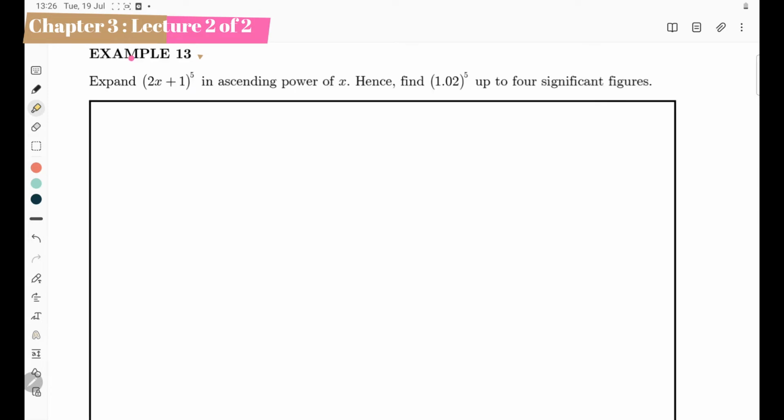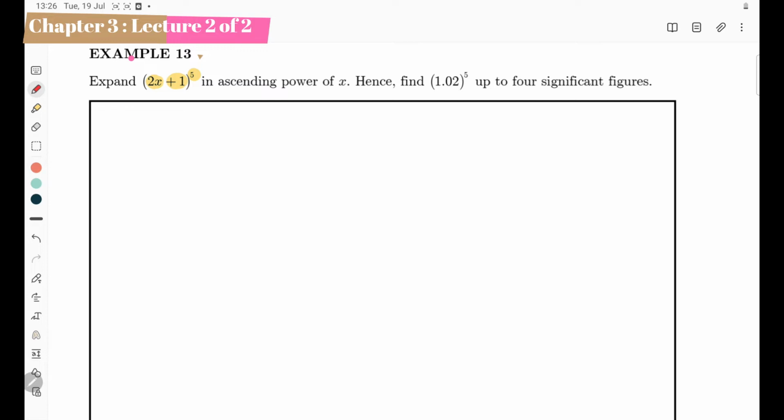We look at example 13: expand (2x plus 1) to the power 5 in ascending power of x. Hence, find the value of 1.02 to the power 5 up to 4 significant figures. Notice that this is a, this is b, and this is n.